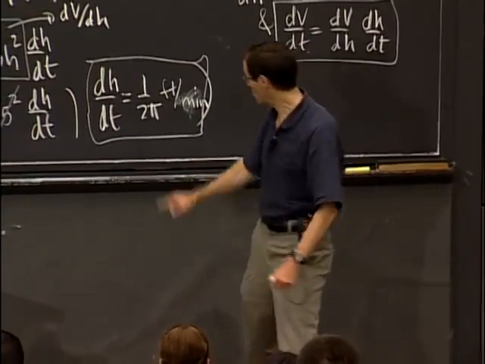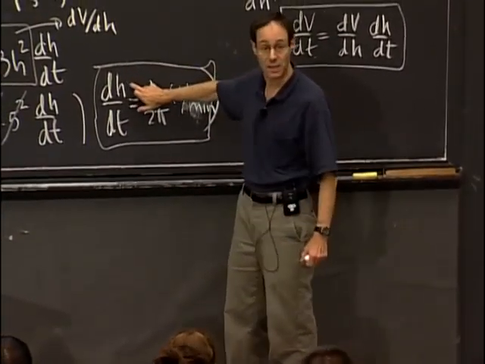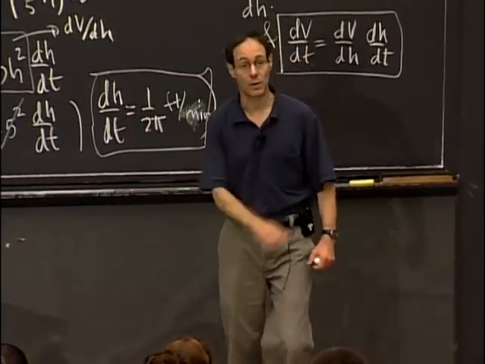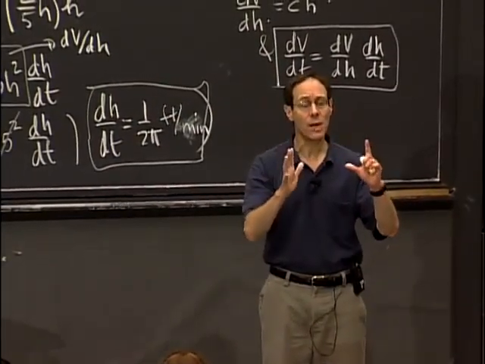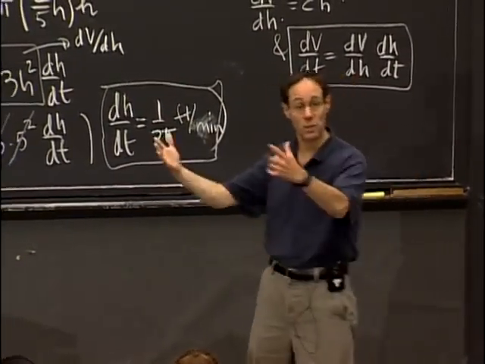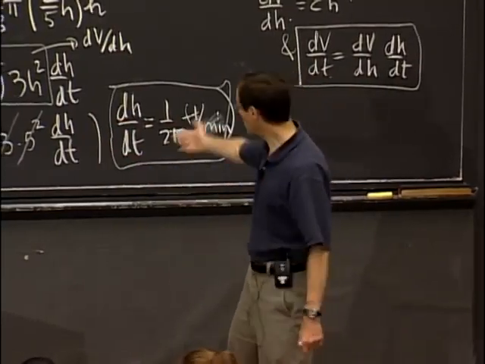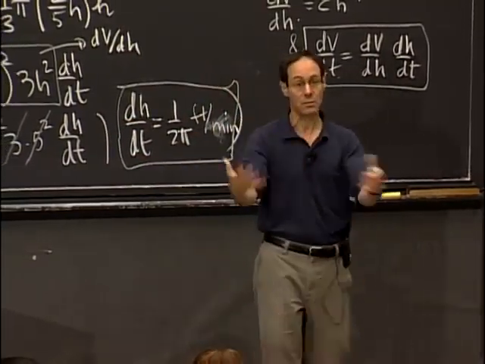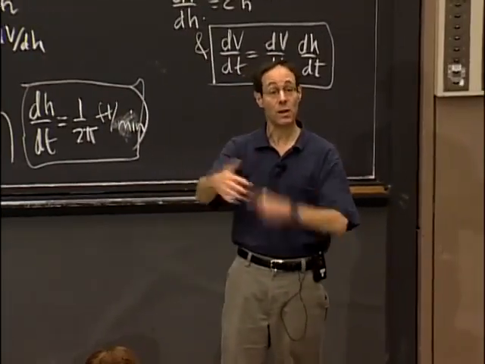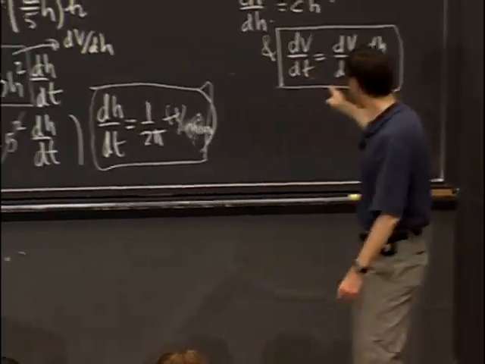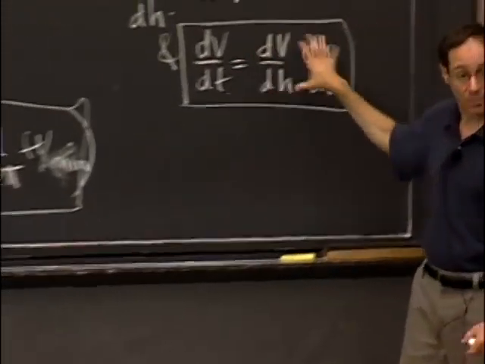But then there's another number that we're keeping track of, which is the height, or if you like, the depth of the water. So this is the whole point about related rates: you have one variable, which is V, the volume of something. You have another variable, which is h, the height of the cone of water there, and you're keeping track of one variable in terms of the other. And the relationship will always be a chain rule type of relationship.